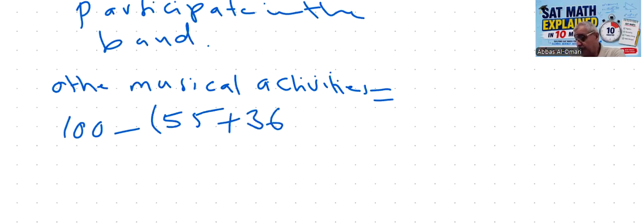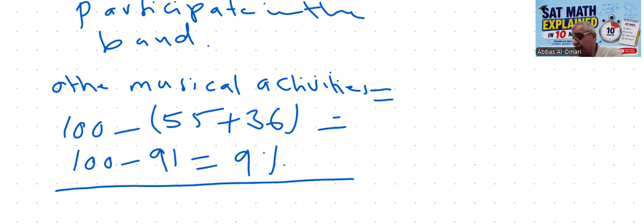So this is 100% minus 91%, which equals 9%. So 9% of the students participate in musical activities other than the choir or the band. This is the answer.